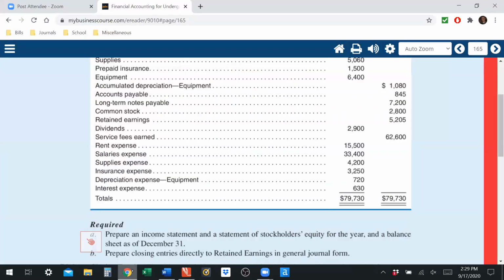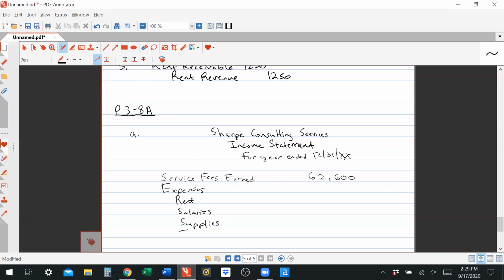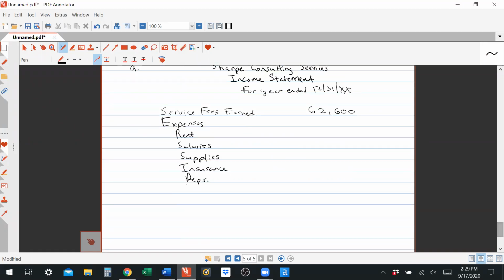Insurance, depreciation, and interest. And I don't like this S. That's kind of a weird S, so let's make it better. All right, and then the amounts.